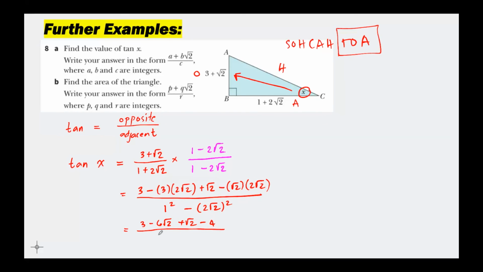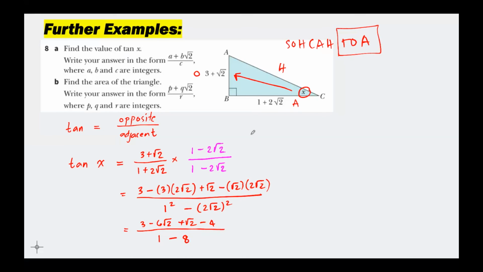And the denominator is just 1 minus. If you're going to square this, you're going to square each of the terms here. So 2 square is 2, and square root of 2 square is also 2. So that means 2 square is 4 times 2. That gives us positive 8.